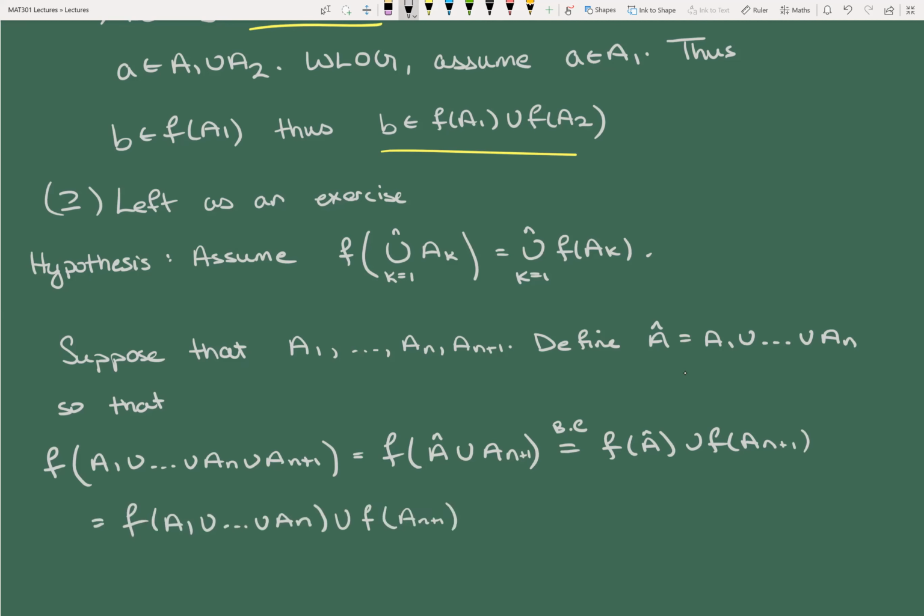Like so. Oh yeah, sorry, Carmina, thank you. You're right. I missed the plus 1, and I didn't see it in the chat. But luckily, I did catch it myself. And now I am going to use the induction hypothesis because I know that by the induction hypothesis, a union of n sets splits across the image. So I'm going to use that now. This is the induction hypothesis right here. F of A1 union F of An union F of An plus 1, like that, right?